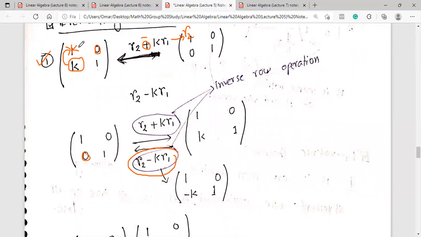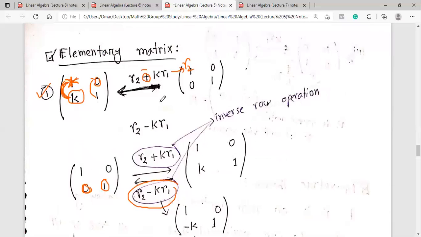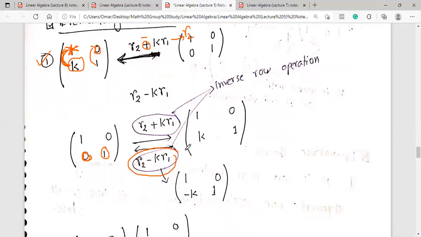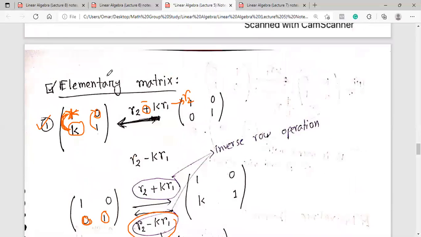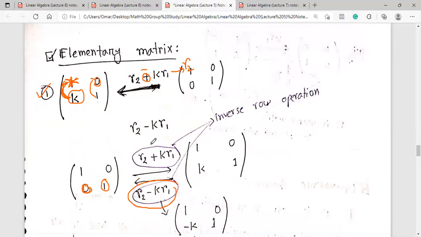That means you multiply k with the first row and then subtract it from the second row. So k minus k is 0, and 1 minus 0 is 1. So this way, doing just one operation, you can convert some matrix to an identity matrix. That's why these are elementary matrices.